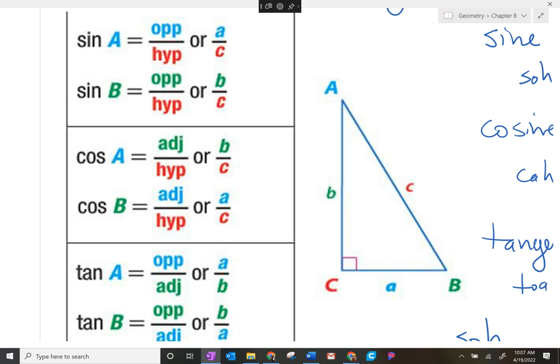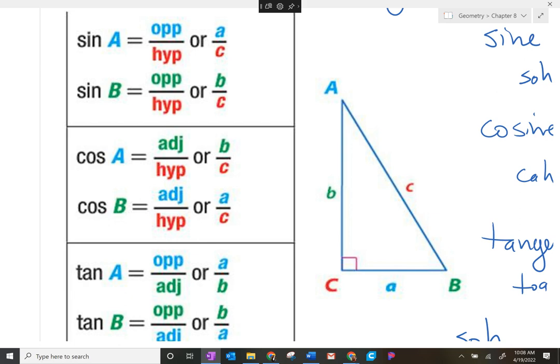From this angle up here, if I want to figure out the degrees for sine, sine is the opposite over the hypotenuse. The opposite side of angle A is this one all the way down here. I'll draw on this so I can show you.